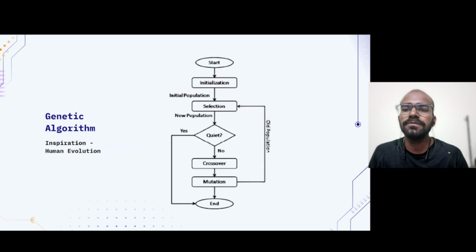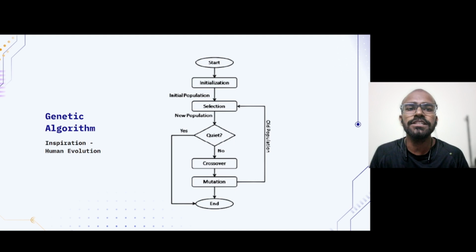The first algorithm of meta-heuristic approaches is the genetic algorithm. This is inspired from human evolution. In this, a chromosome represents the solution and a gene contained by the chromosome represents a solution parameter. How this algorithm works is, firstly, we initialize some n number of chromosomes. Then selection of two of the best solutions from the population takes place based on the objective function, which gives a fitness score.